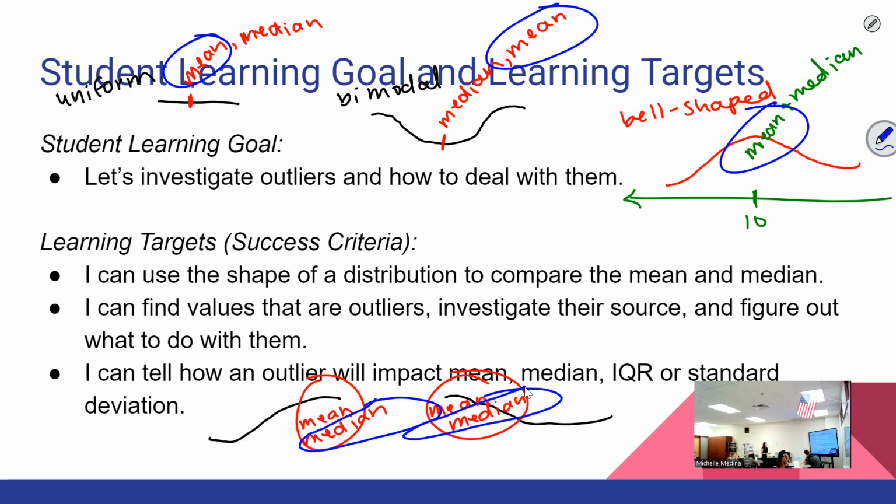On these lower parts of our skewed graphs, we expect fewer data points. And what did we talk about today? Those data points that are away from the rest of the data. So we talked about outliers. Outliers pull the mean in a certain direction.